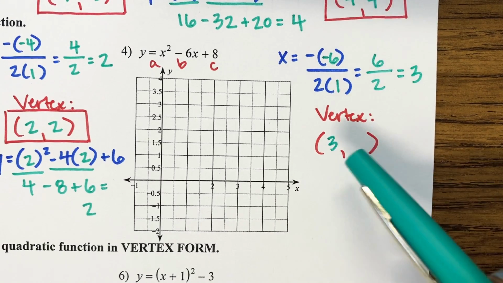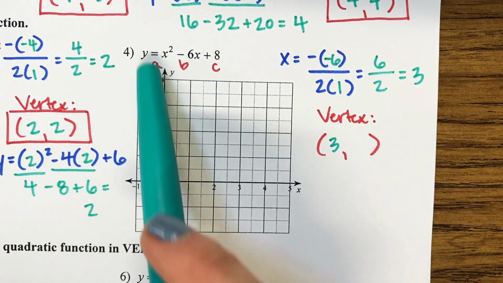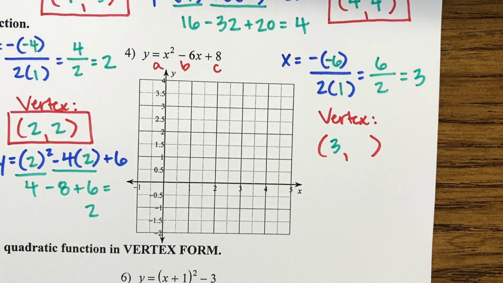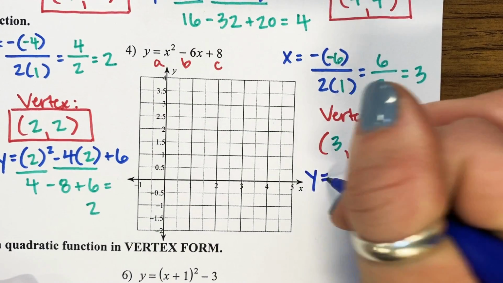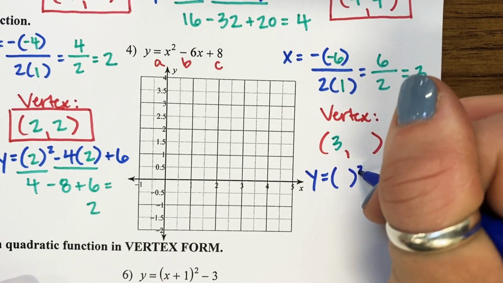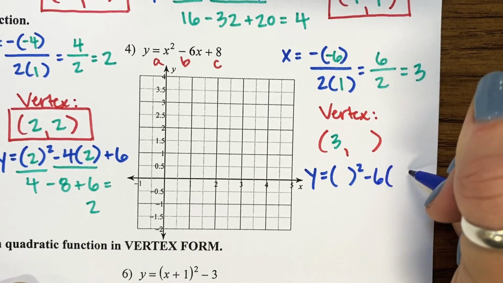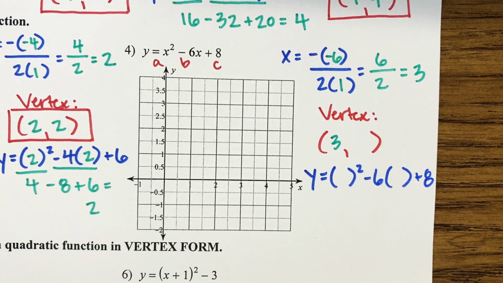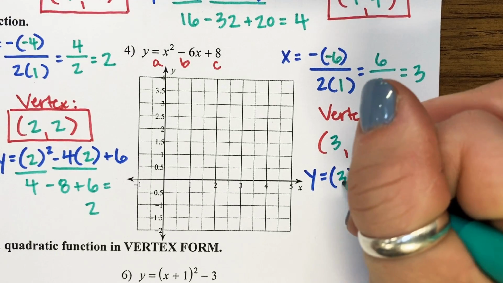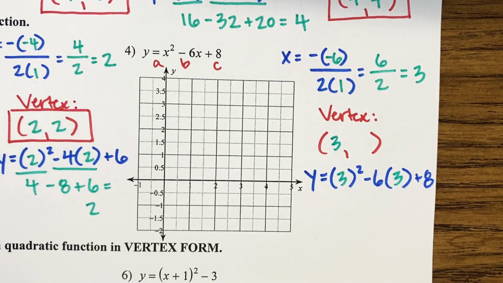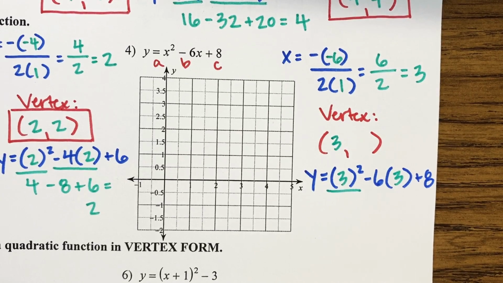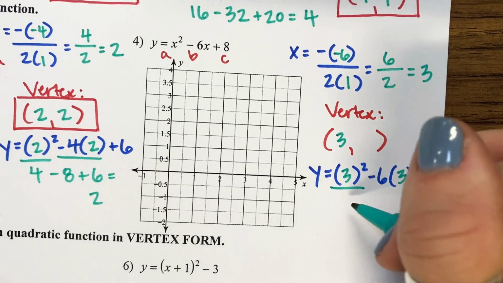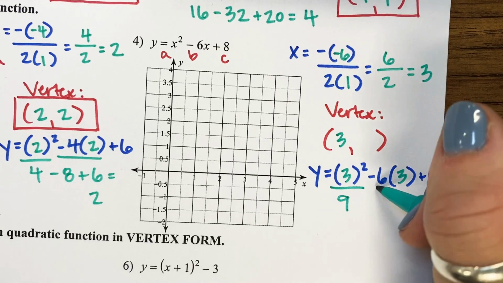Okay, so now I can plug 3 in everywhere I see an X to find my Y. So Y equals X squared minus 6 times X plus 8. Okay, so I have my X is 3, so everywhere I have that space, I'm going to plug in a 3. 3 squared, or 3 times 3, is 9.